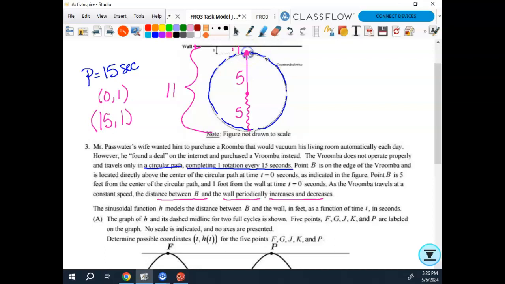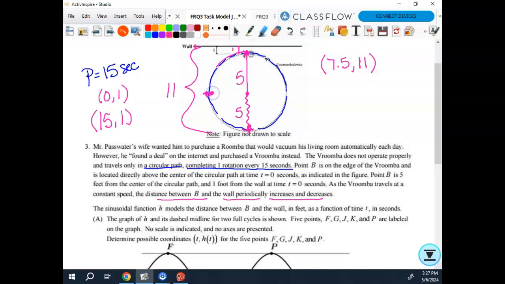This is at 15, 30, 45, every 15 seconds. So halfway around, okay, I am now 11 feet away, but that's halfway through my time, so that is 7.5, and I would be 11 feet away.